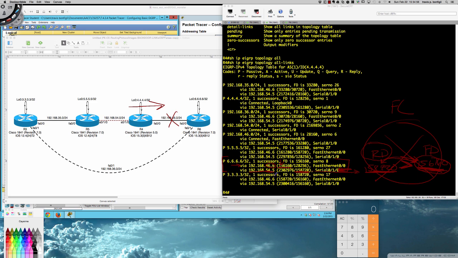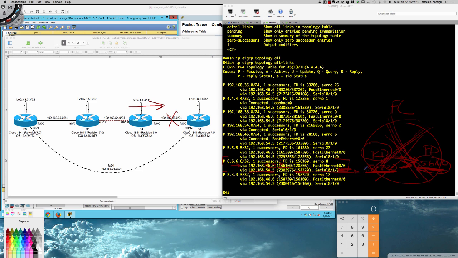And so that's why the all links command is important, because then I can come in here and take a look and say, okay, I can clearly see the reported distance of router 5's route to get to 6.6.6.6 is greater than the feasible distance of the current successor. Therefore, feasibility condition not met.